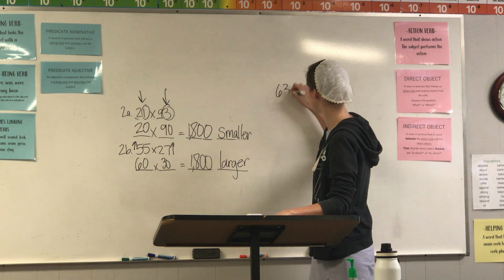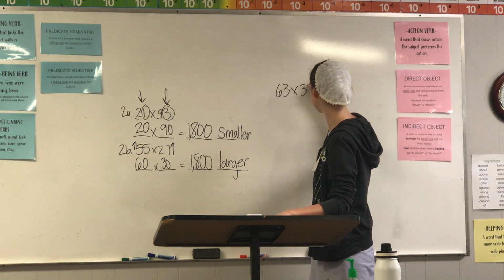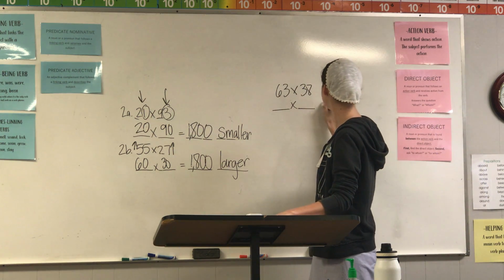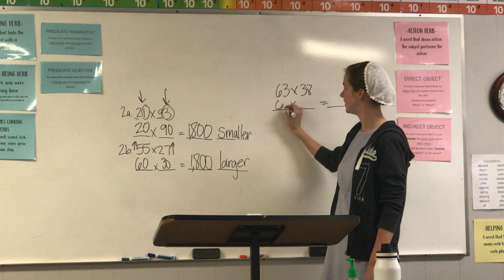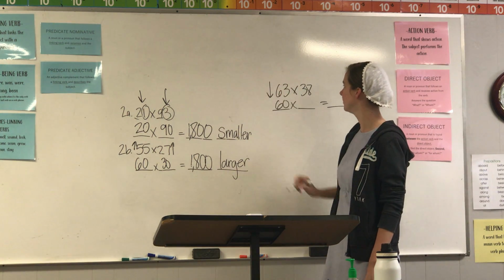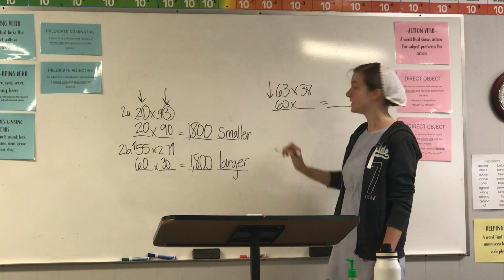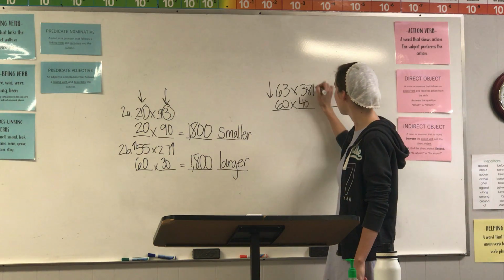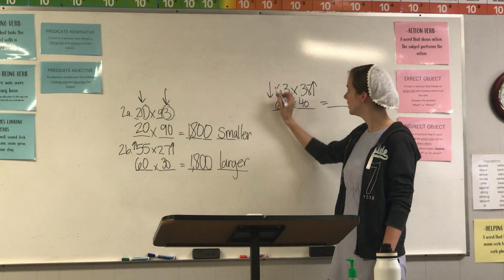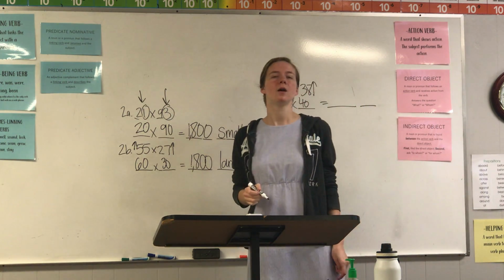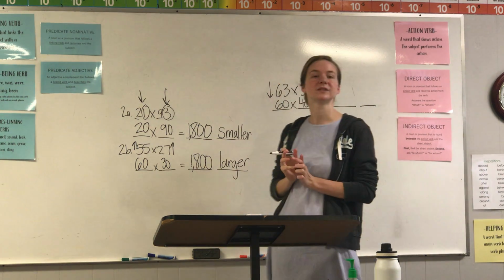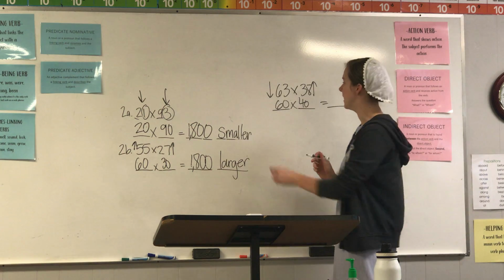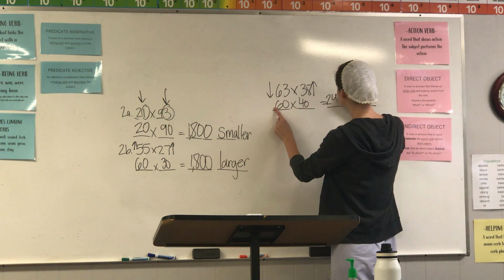Okay? Let's do 1b. We're on 1b. 63 times 38. You can start. See if you can beat me. Okay? 63, round to the nearest 10 would be 60, we round it down. 38, round to the nearest 10 would be 40, we round it up. Okay, you can even draw arrows to help you remember, did you round up or did you round down? Let's multiply our two factors. 60 times 40, well, multiply 6 times 4 is 24.